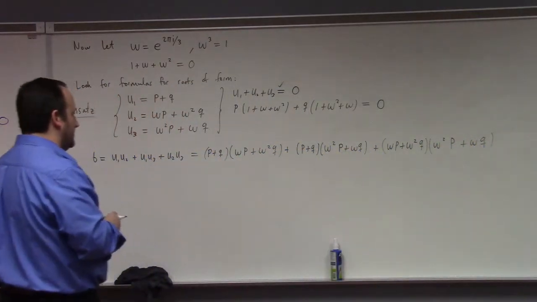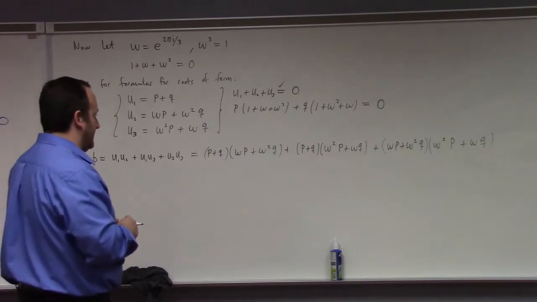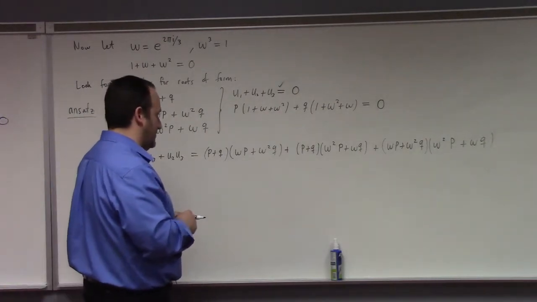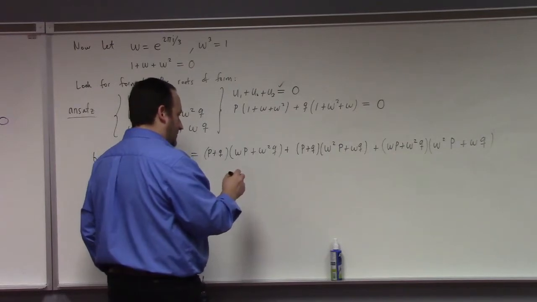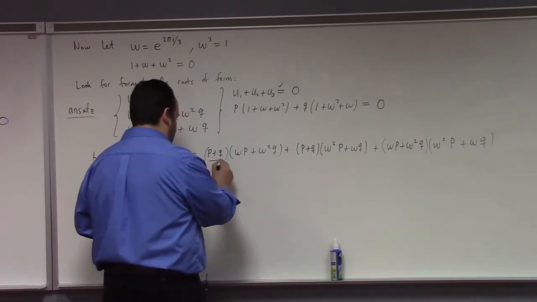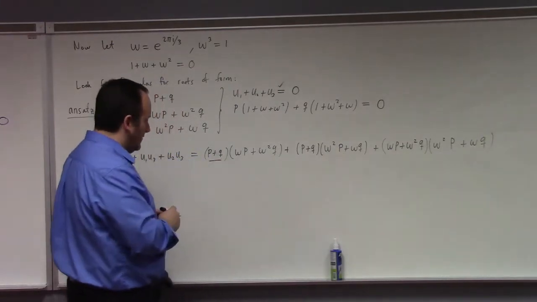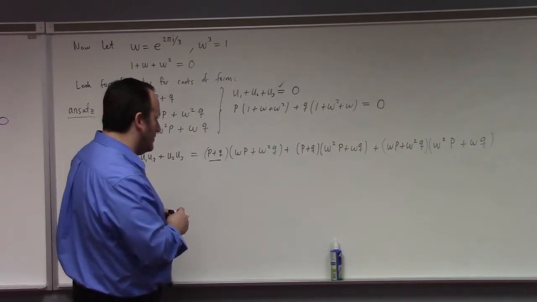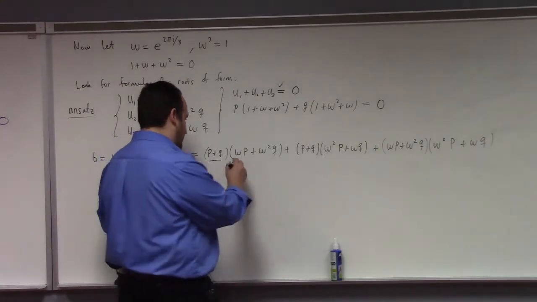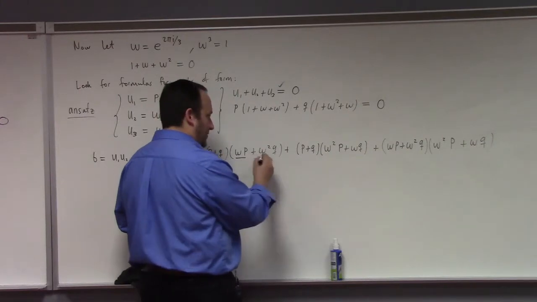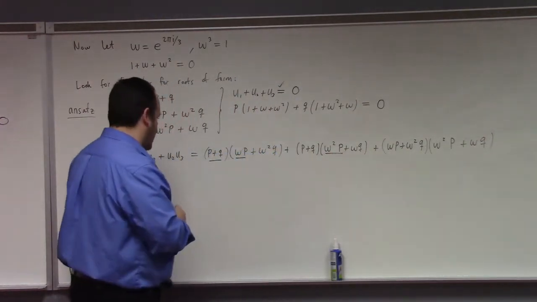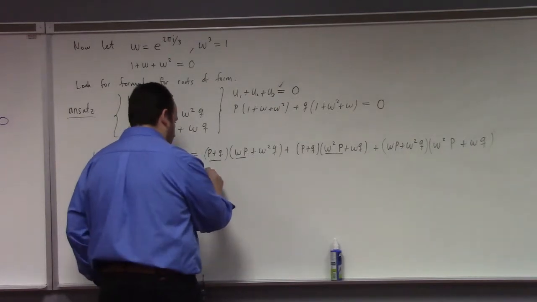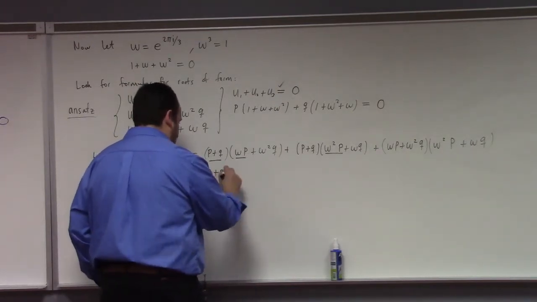There should be some sort of awesome factoring by grouping that happens here, right? Like if I take this P plus Q, and I take this omega P and this omega squared P, that gives me this.